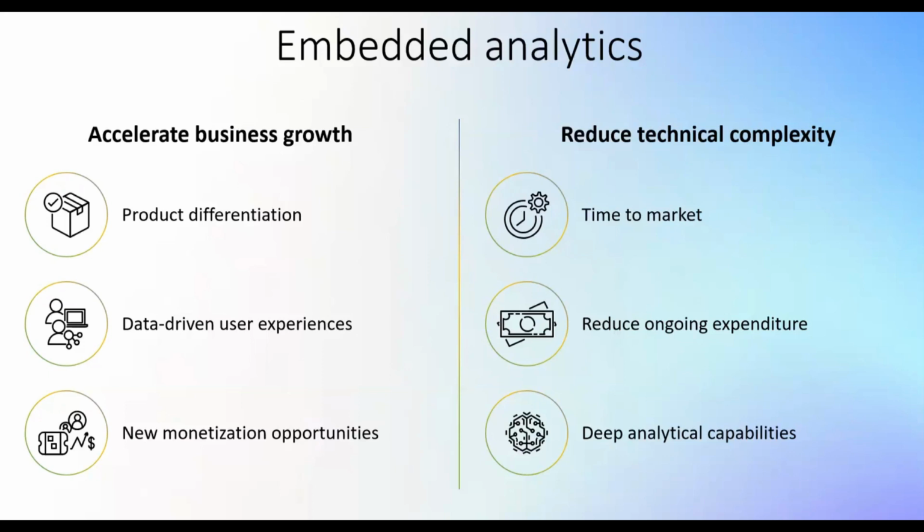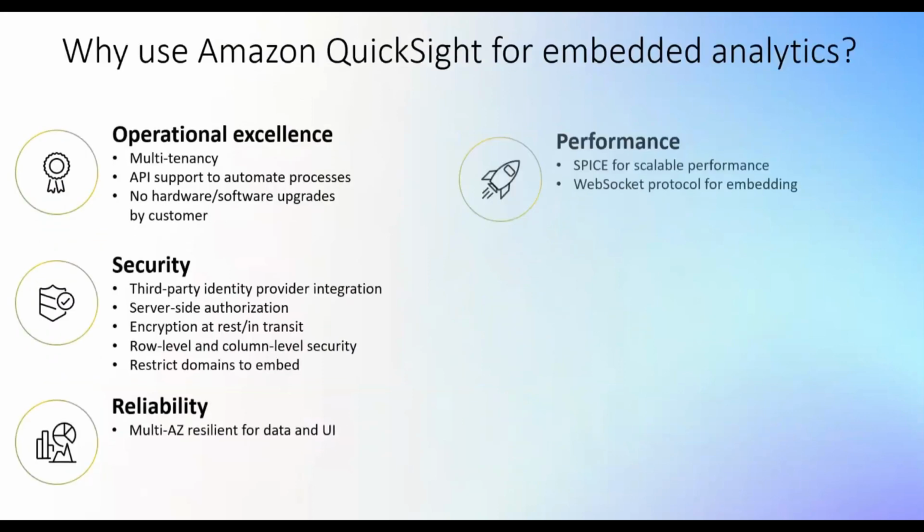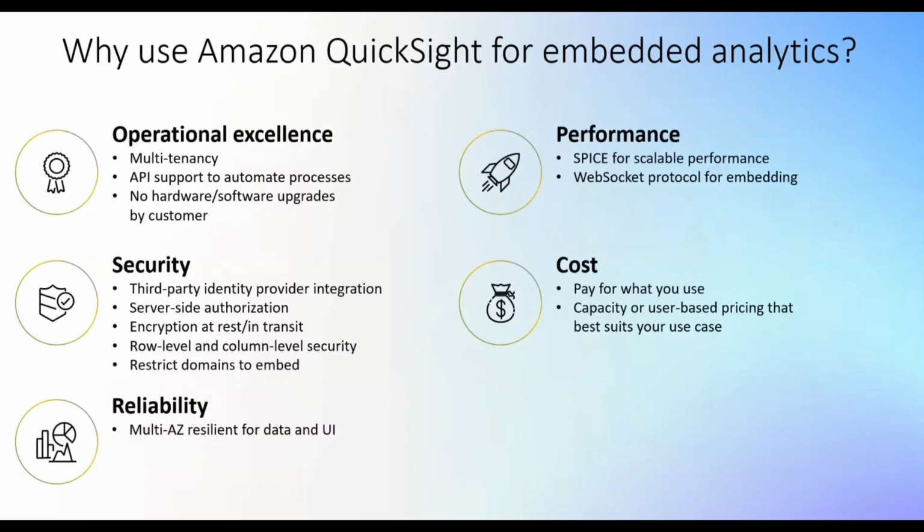So now that we understand that embedded analytics is required for accelerating business growth, to create product differentiation and monetization opportunities, let's look further at why Amazon QuickSight for embedded analytics. We saw that reducing time to market is great, but if we double click into each of those, let's look at operational excellence here, right?